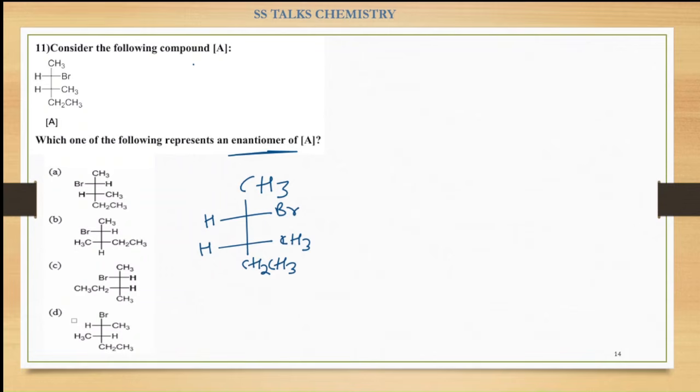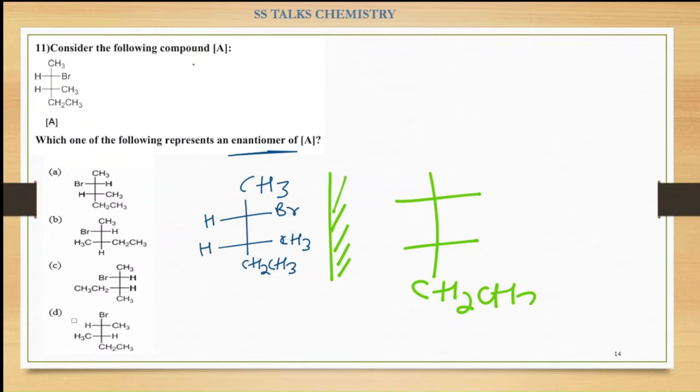So we can draw its mirror image. I'm placing the mirror image like this. Left becomes the right and right becomes the left. So this methyl group will be reflected on this particular side, and the hydrogen will go on this side. Methyl will be present in the plane, and here the Br will be reflected on this side.